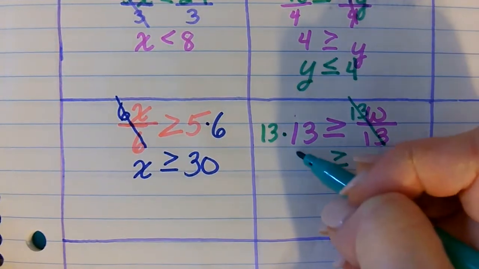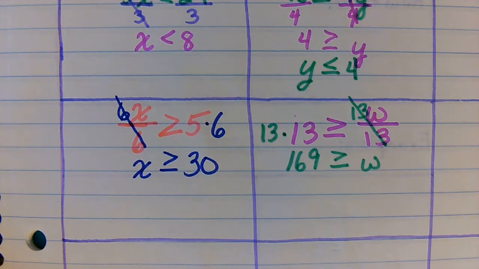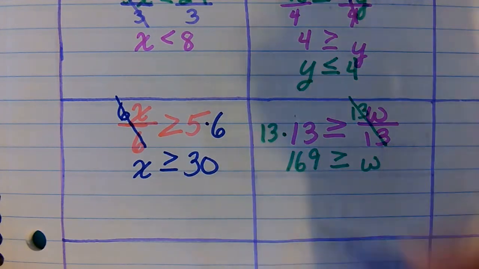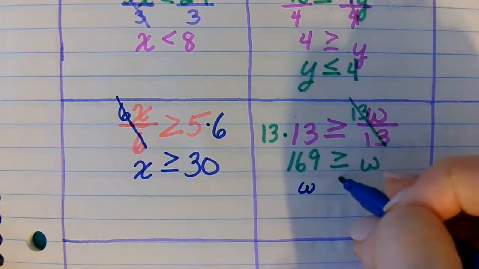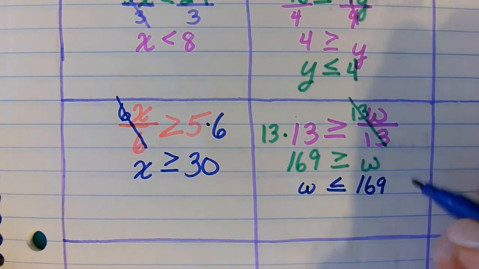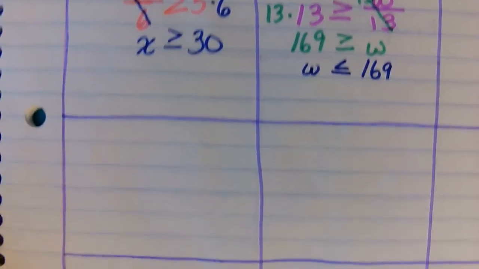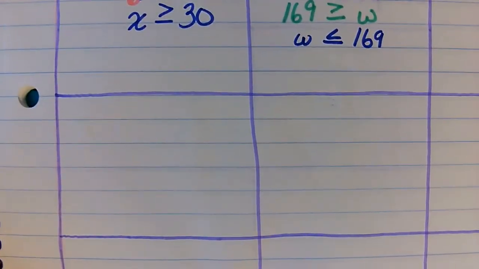And 13 times 13 is 169, greater than or equal to w, or we can reverse it and say w is less than or equal to 169. Okay? So we just flip it. Now, let's go on to 4 more examples just to get some good looks at what your problem should resemble.